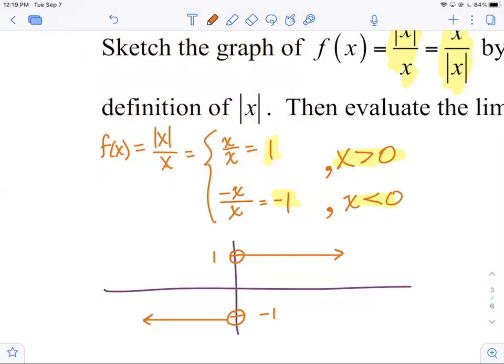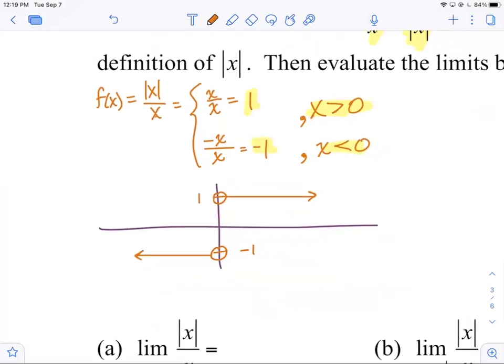So 0 is not in the domain. No way, no how. You get a 0 in the denominator. But notice in this case, it is not a hole. We'll say f has a jump, not a hole, at x equals 0.